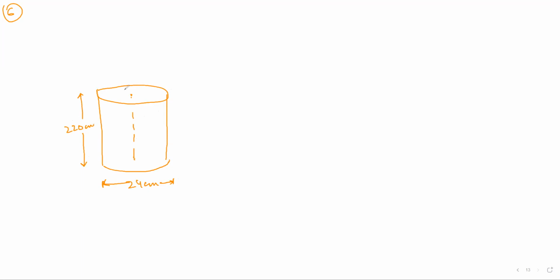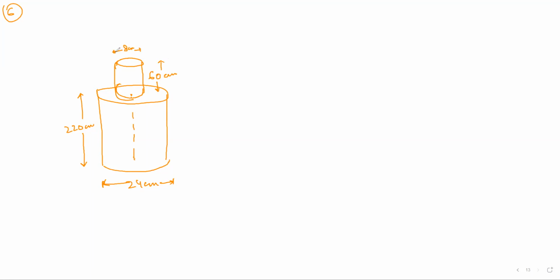That means a smaller radius. So there's another cylinder on top of it. It's something like this. Understood? Whose height is 60 centimeter and the base radius is 8 centimeter. Is the figure clear? Okay.